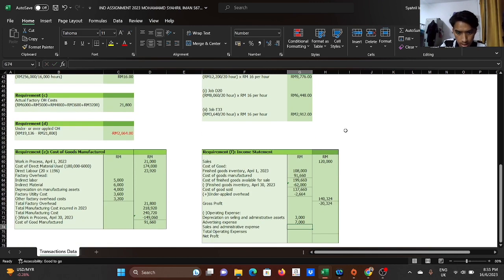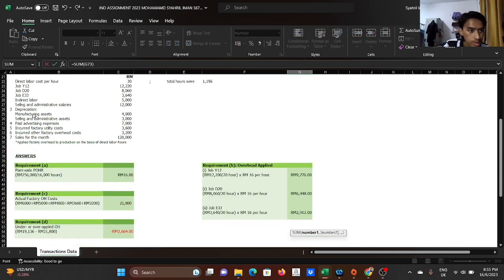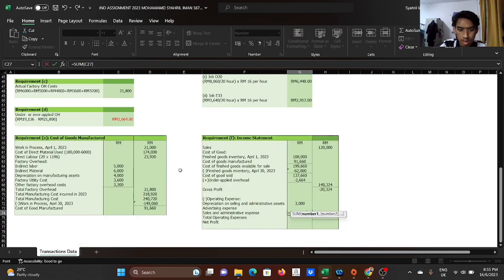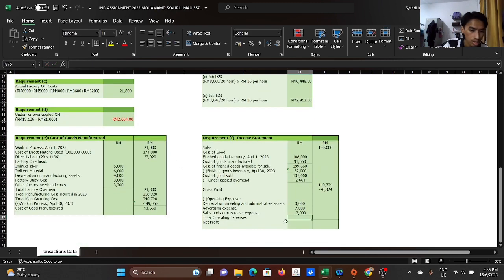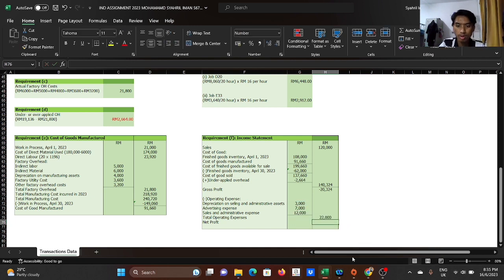Lastly, sales and administrative expense. To get the total operating expense, we compute these three. And we get the amount of 22,000.